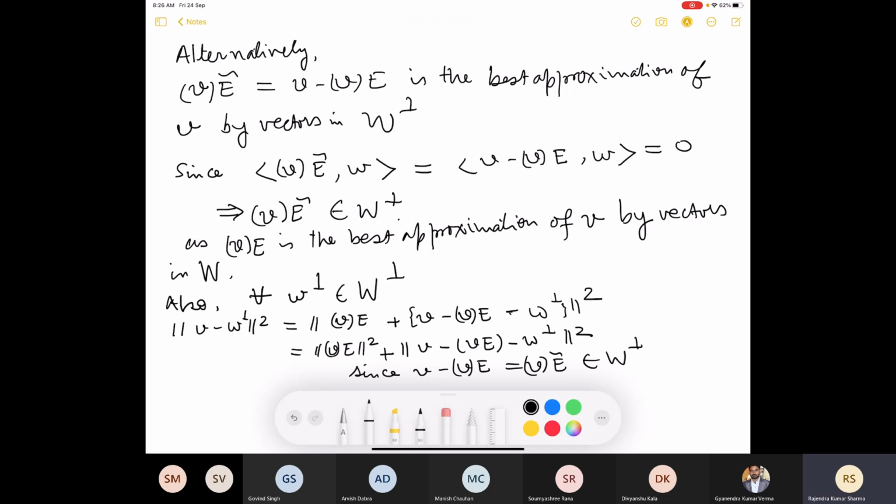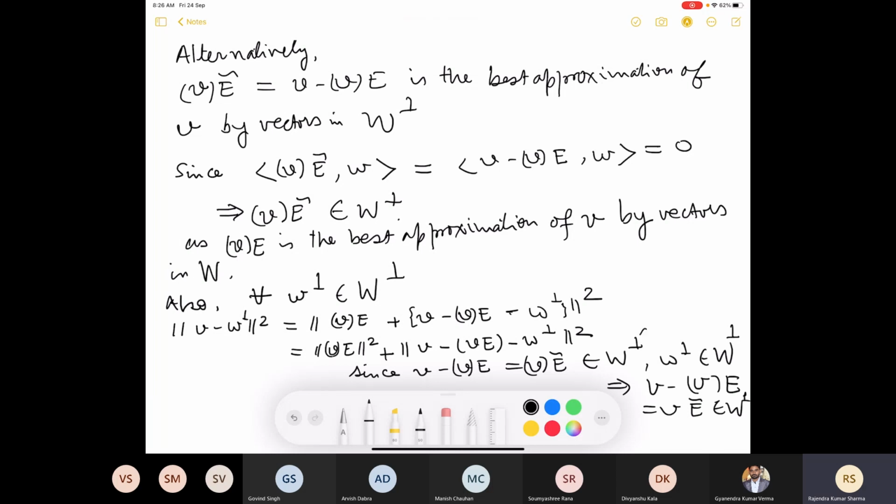So its inner product with every vector in W will be 0, and VE is in W. That makes V minus VE, which is the same as V under E tilde, be in W orthogonal.